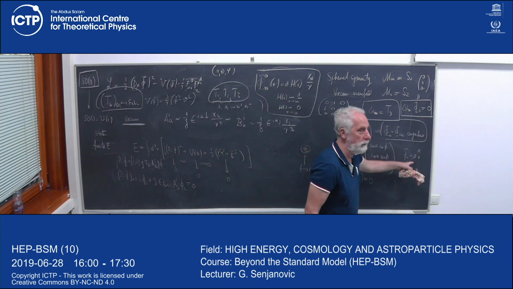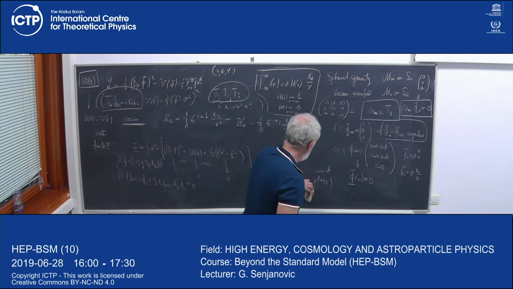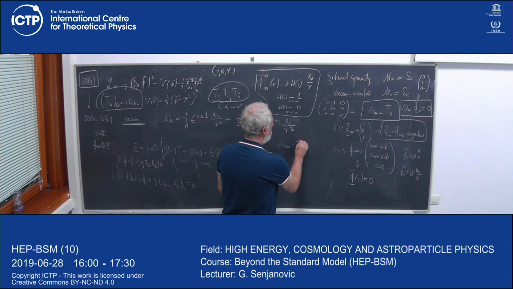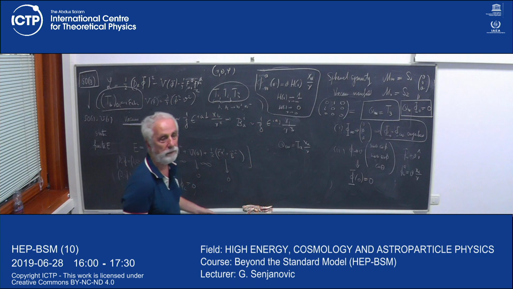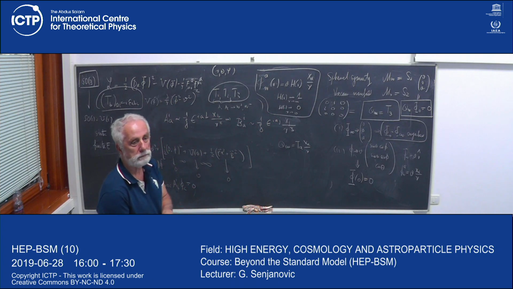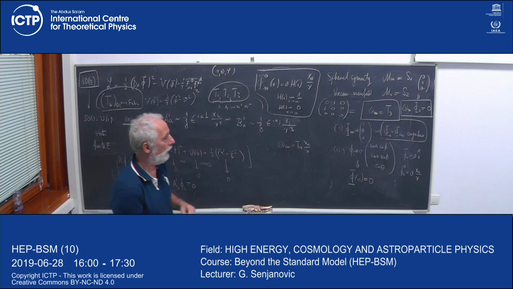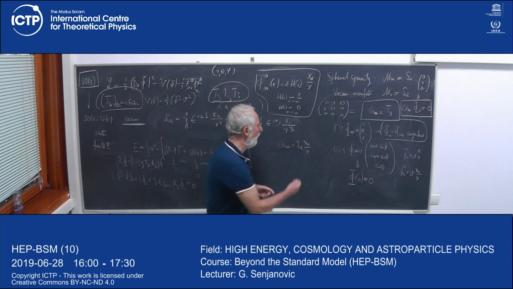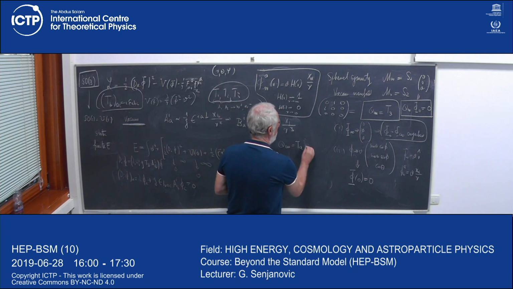Precisely. You can see that Q is actually T_a x_a over r. Let's check it. Go to the vacuum and you will get T3 x3. Or better, let me be precise: phi a.